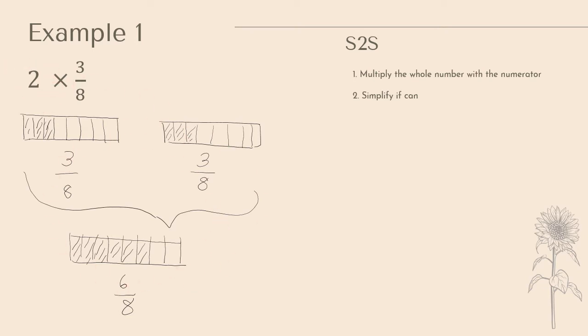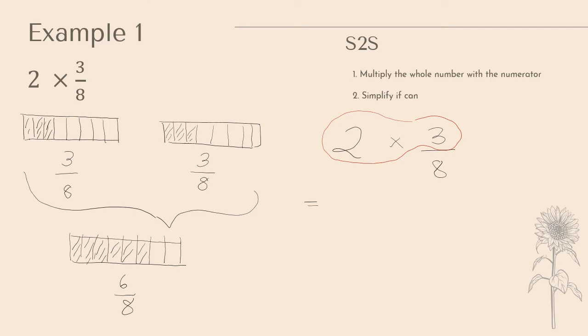So let's follow our S to S for today, which is very simple. I'm going to rewrite the fraction over here. We have 2 wholes times 3 out of 8. Step 1, multiply the whole number with the numerator. It helps if you can use a different color pen or a pencil to make a shape around these 2 numbers, which are the whole number and the numerator, so that you know which ones to multiply.